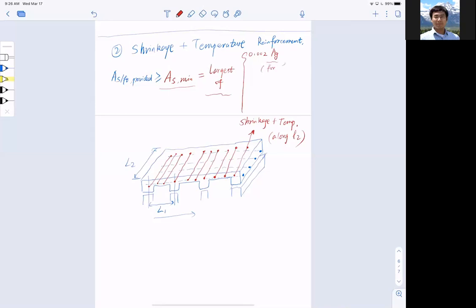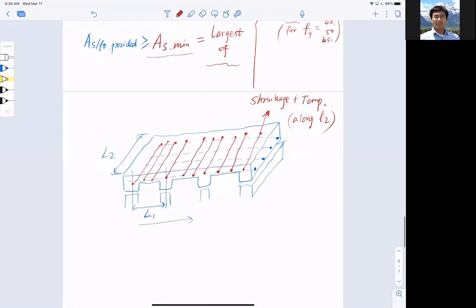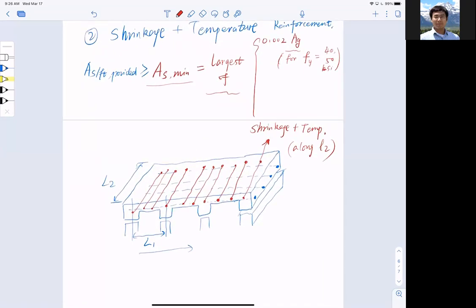This is for Fy, let's say 40 or 50 ksi, for low yield strengths of bars. Let me zoom in so it will be easier for me to write. 40 to 50 ksi, and it is 0.0018 Ag for Fy yield strength equal to 60 ksi. Very precise.